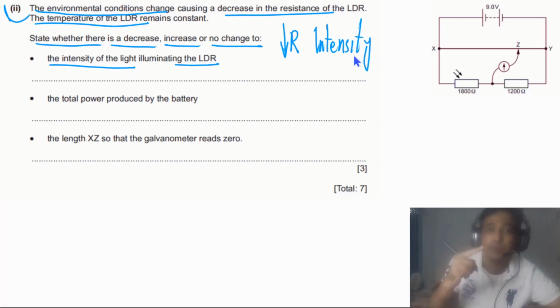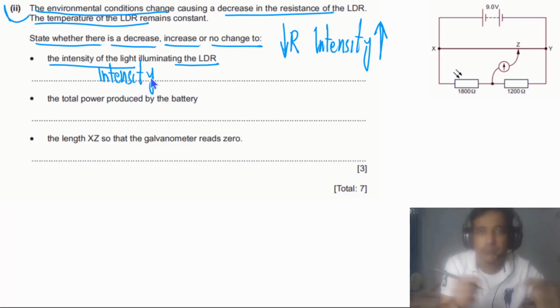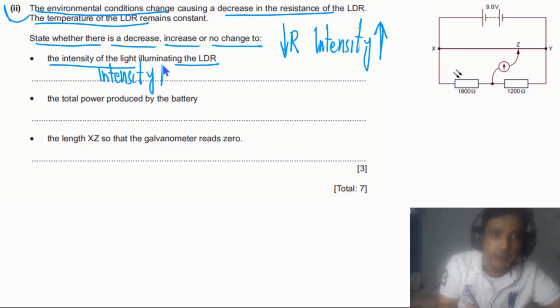Intensity of the light illuminating the LDR means the light falling on the LDR. Intensity of that light has to increase. So simply we can say intensity increases. It's a very important point. You need to understand how intensity and resistance are linked with each other.